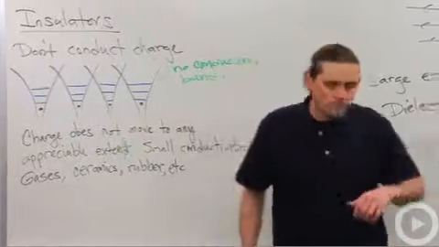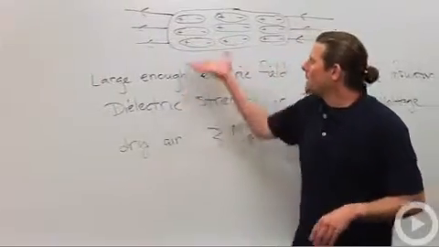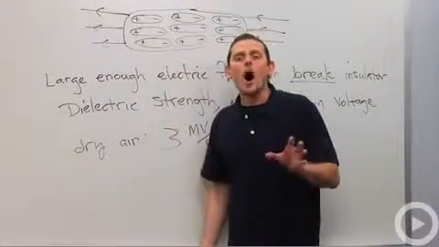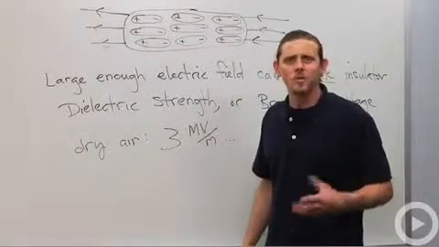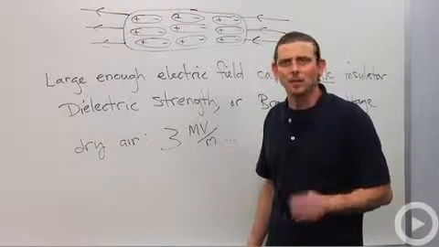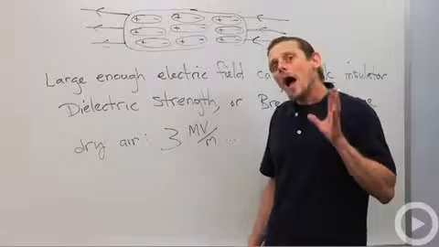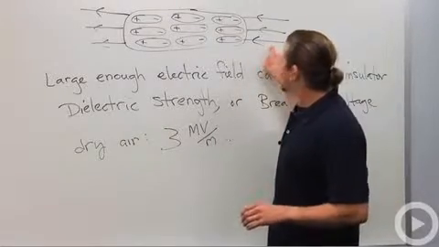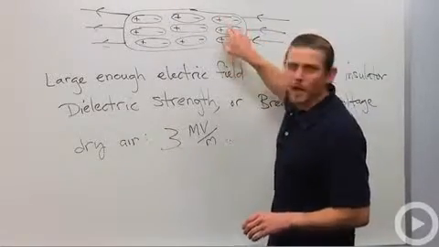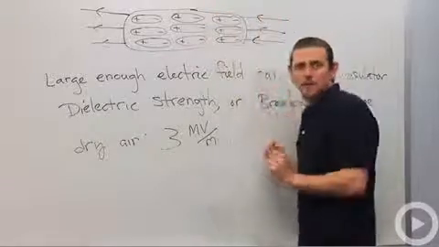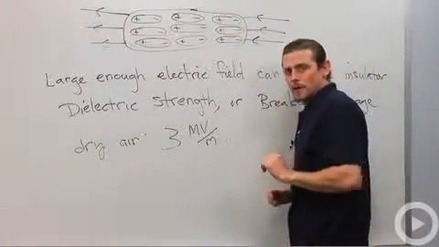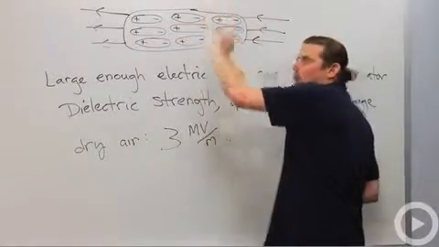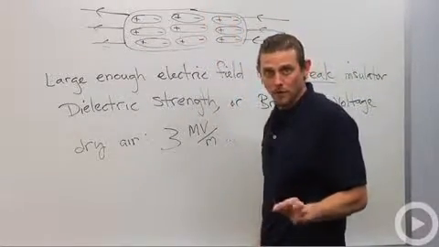All right, so what goes on when I put an electric field on an insulator? Well, unlike conductors, the electric field inside of an insulator does not have to be zero. However, what will happen is the insulator will polarize so that the electrons will go upstream in the electric field and the nuclei will go downstream in the electric field.